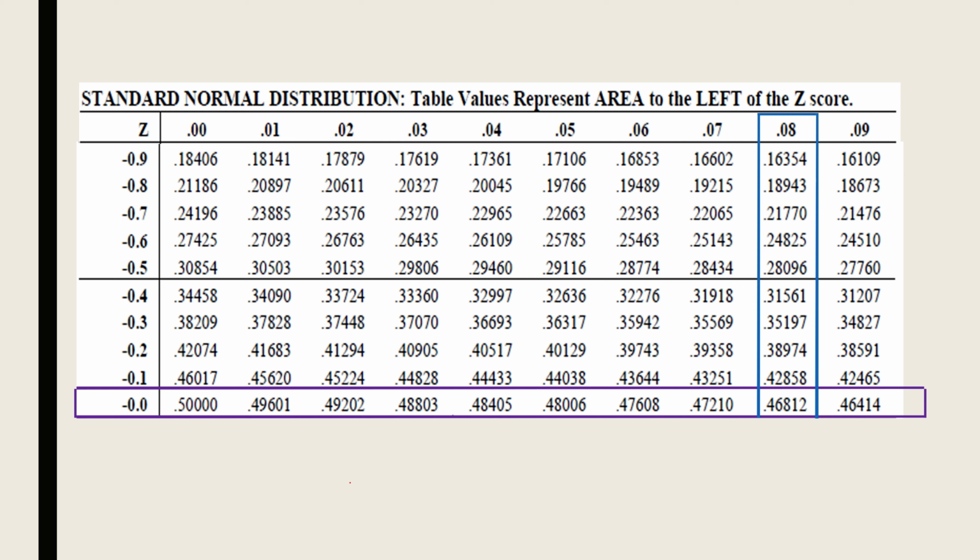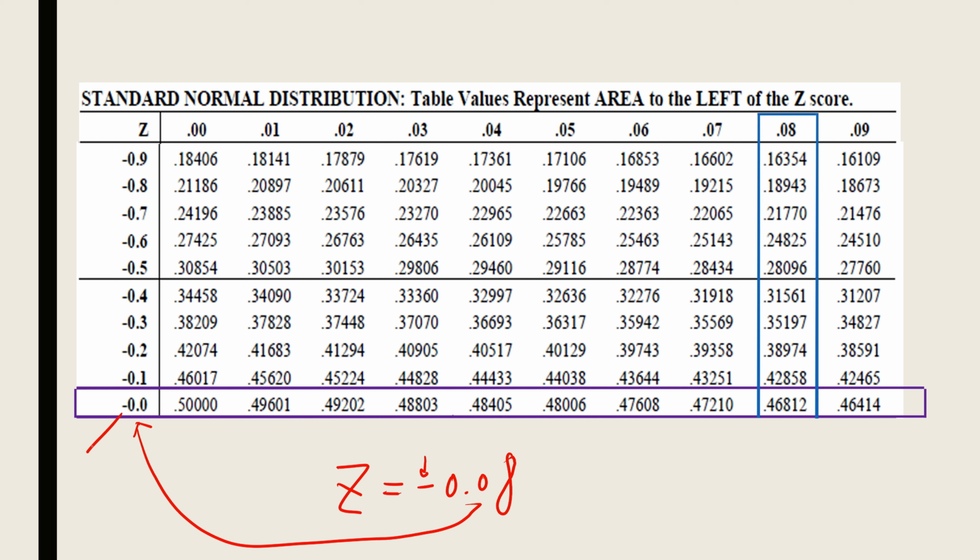So again, I will show you how to find the area less than negative 0.08. You use the first column to identify the first decimal place. Do not forget the negative sign here.